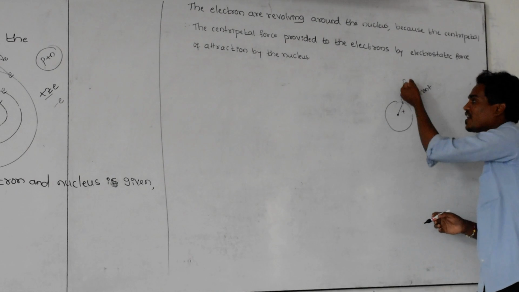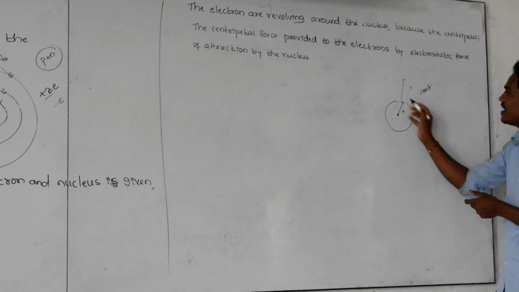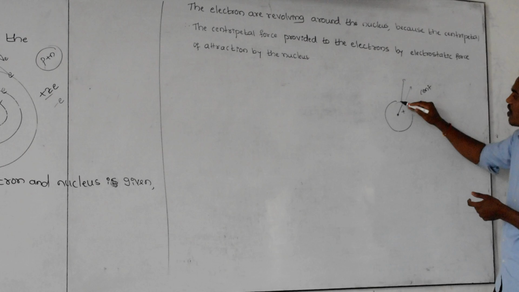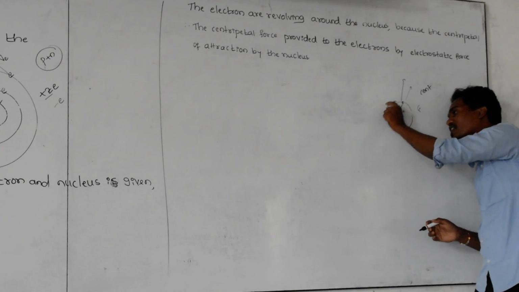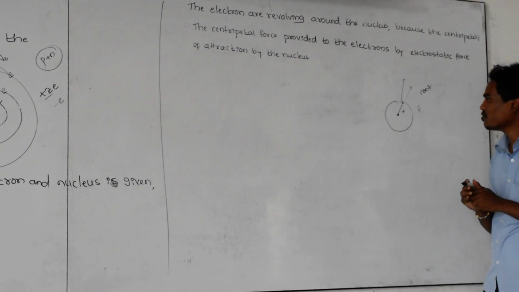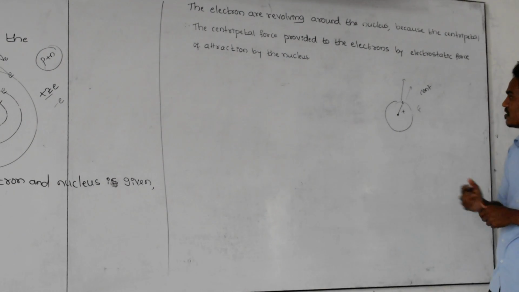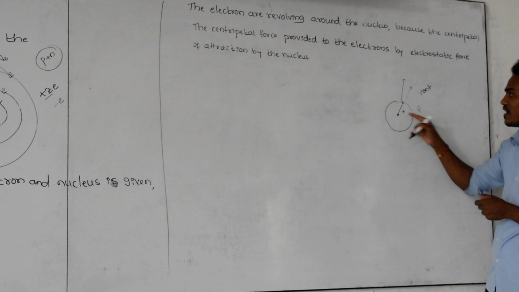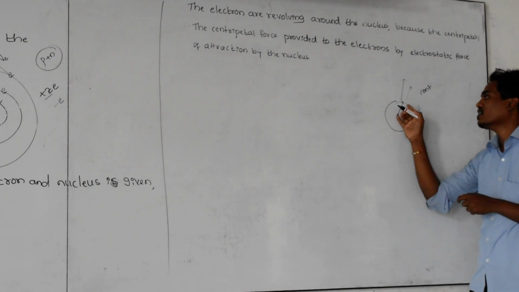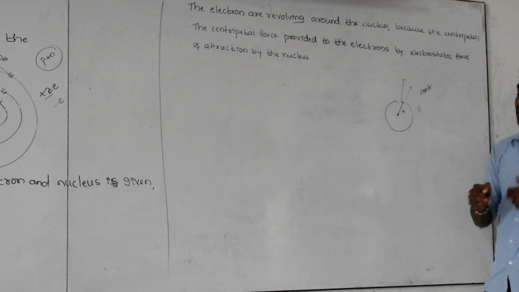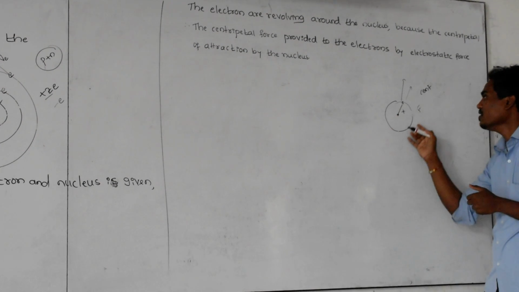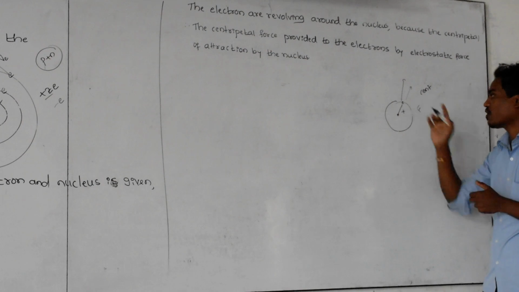If the nucleus is not attracting the electron, the electron is not revolving. So the electrostatic force of attraction provides the centripetal force to the electron.